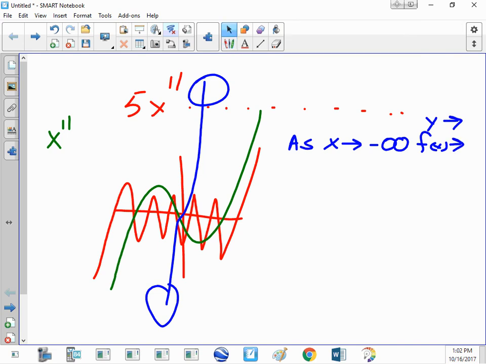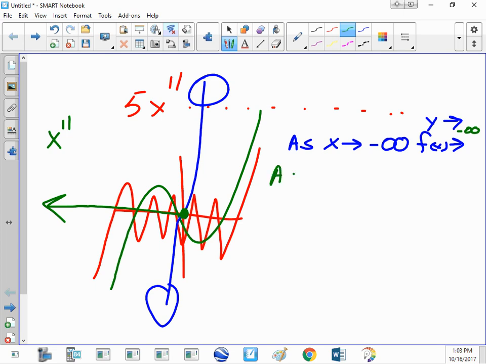So what it's saying is, if you start in the middle of the graph and you move the x's towards negative infinity, so this way, which direction is the graph traveling? As the x's go to the left, is the graph going up or down? Down toward what number? Negative infinity. So the answer to both of these would be negative infinity.